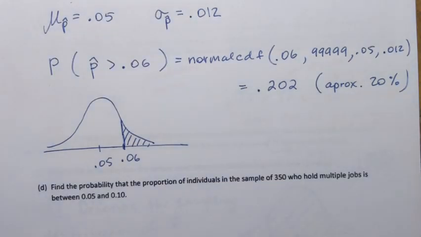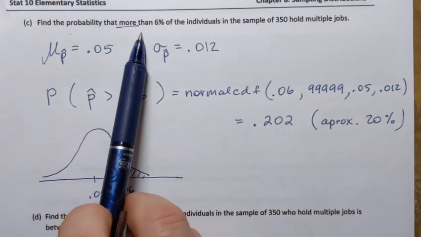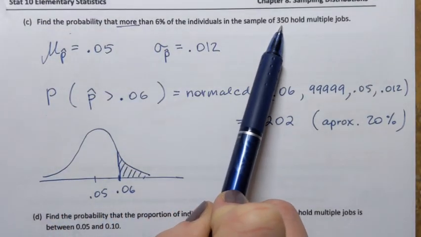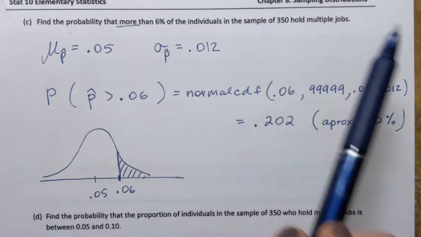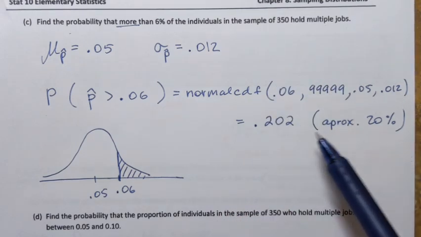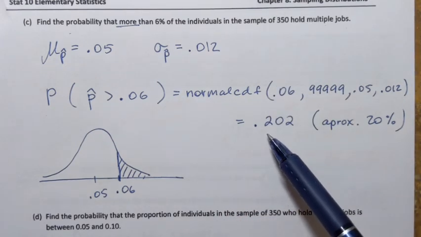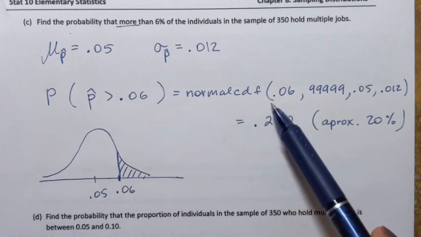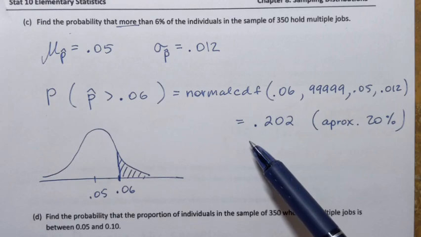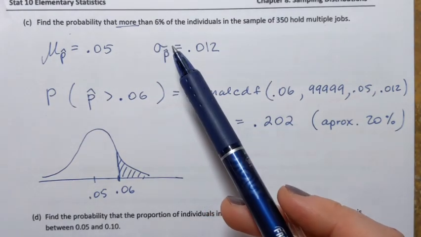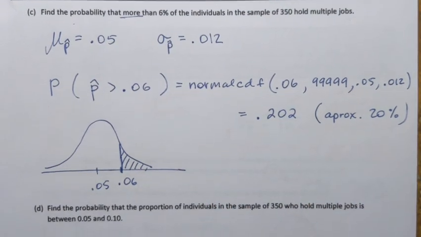So the probability that more than 6% of the individuals in the sample of 350 hold multiple jobs is 20%. Or if I obtain 1,000 simple random samples of size 350, then I can expect that about 202 of them will have more than 6% of individuals with multiple jobs.